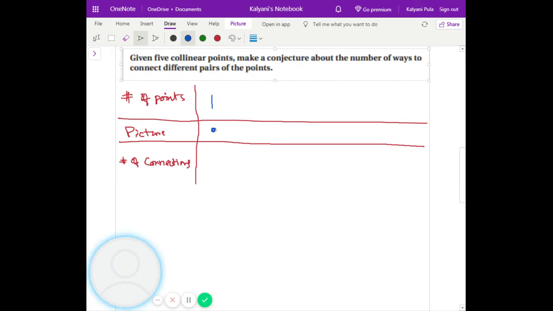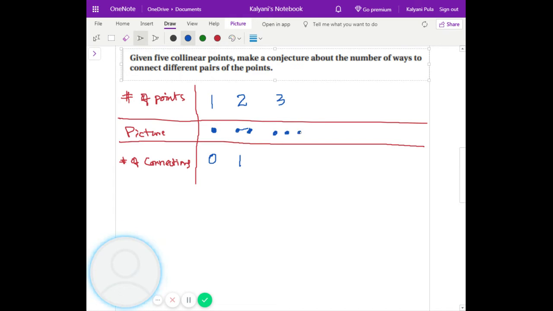How many connections can you make? There's no connection because there is not another point to connect. If I have 2 points, how many connections can you make? 1, because you can just join them. That's 1 connection. So if I have 3 points.